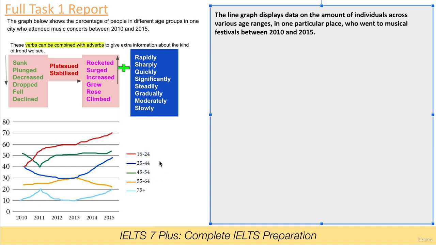So always really important to read back, make sure that everything flows nicely, spelling, grammar, things like that. Okay, so we've done our paraphrasing.